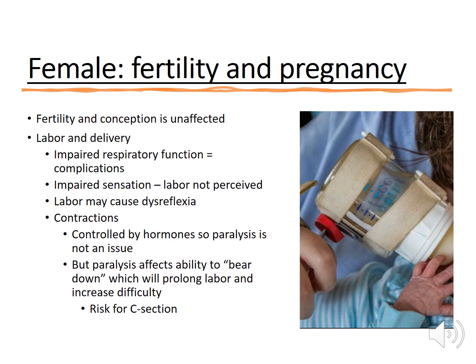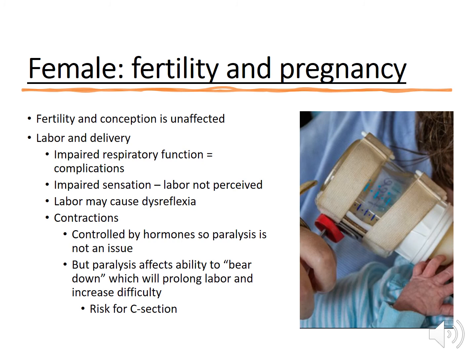So for labor and delivery, if the patient with spinal cord injury gets pregnant, then there may be impaired respiratory function, which will lead to complications. There is obviously impaired sensation, so the labor is not going to be perceived. Labor may cause dysreflexia. Contractions are not going to be affected because these are controlled by hormones.